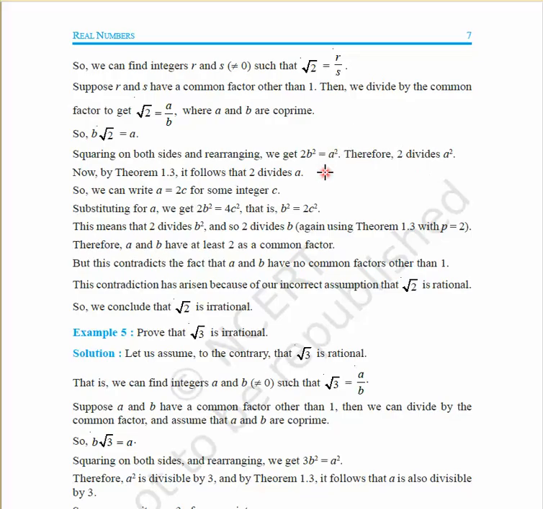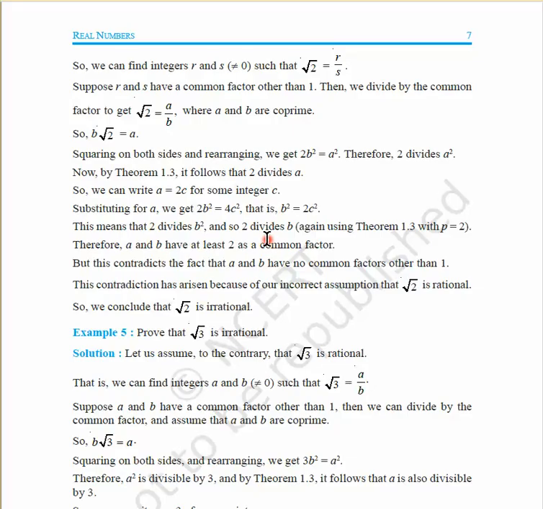Now by the theorem, it follows that 2 divides a, so we can write a equals 2c for some integer c. Substituting for a, we get 2b square equals 4c square, that is, b square equals 2c square. This means that 2 divides b square, and so 2 divides b, again using that theorem.